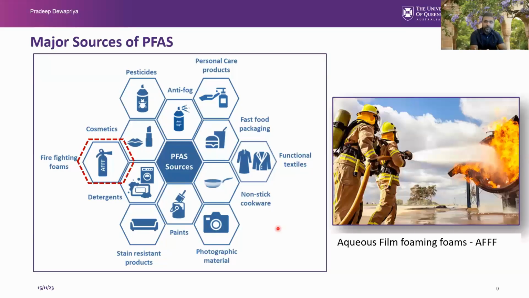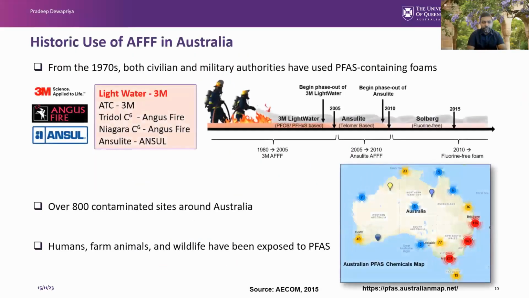Among these sources, firefighting foam, generally known as AFFF, is the major source that contributes to PFAS environmental contamination and human exposure. PFAS-containing AFFF became a global issue. Even in Australia, the use of AFFF largely contributed to PFAS contamination and human exposure.